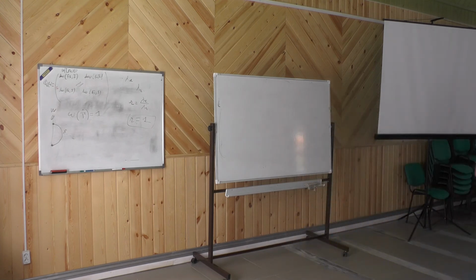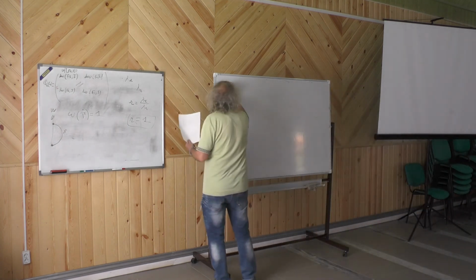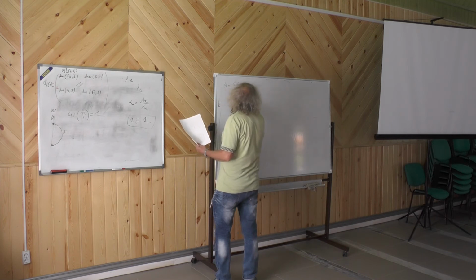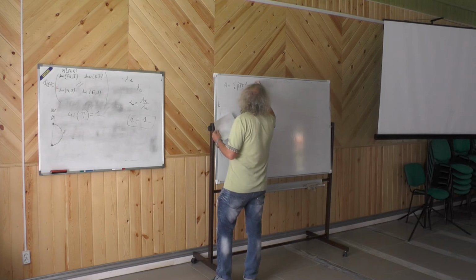So you want to integrate this guy. What you want to integrate, you have the Hamiltonian, which is as usual 1/2 pf square plus pg square.